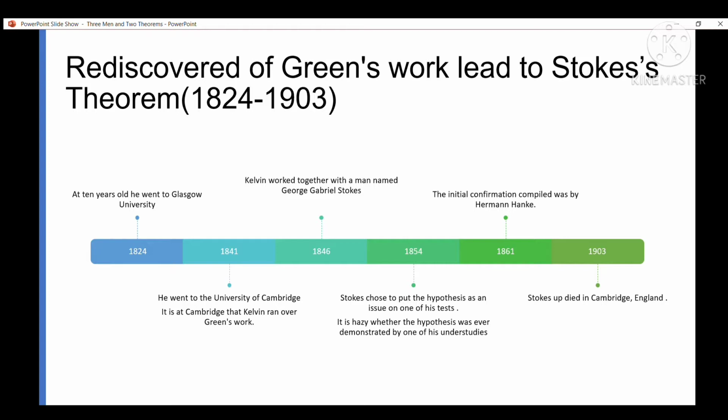Unfortunately, it is hazy whether the hypothesis was ever demonstrated by one of his students. In 1891, one of his hypotheses was confirmed by Hermann Hankel, and later on in 1903, Stokes died in Cambridge, England. Thank you.